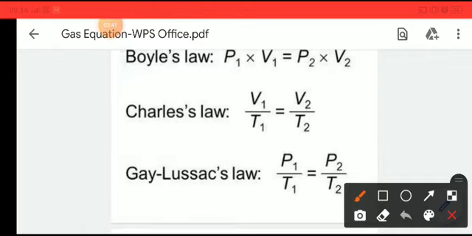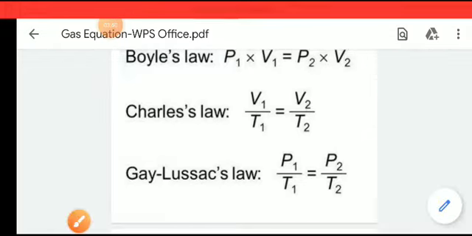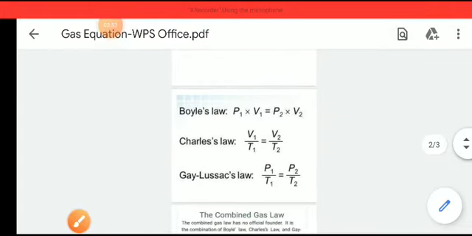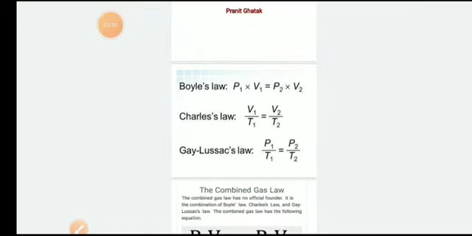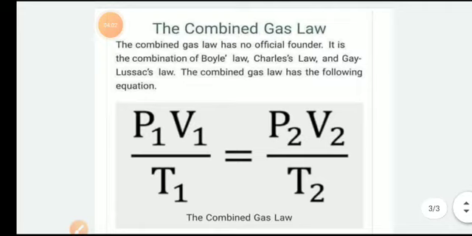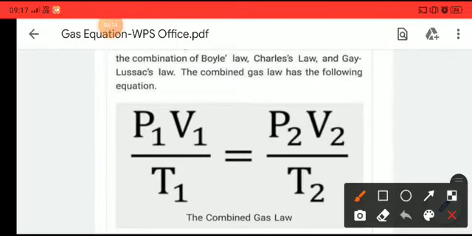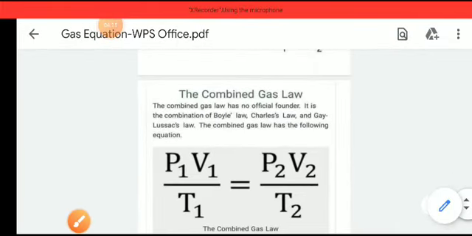Right now we're going to merge these three equations to form a new equation. The combined gas law is what we get when we combine Boyle's law, Charles' law and Gay-Lussac's law.